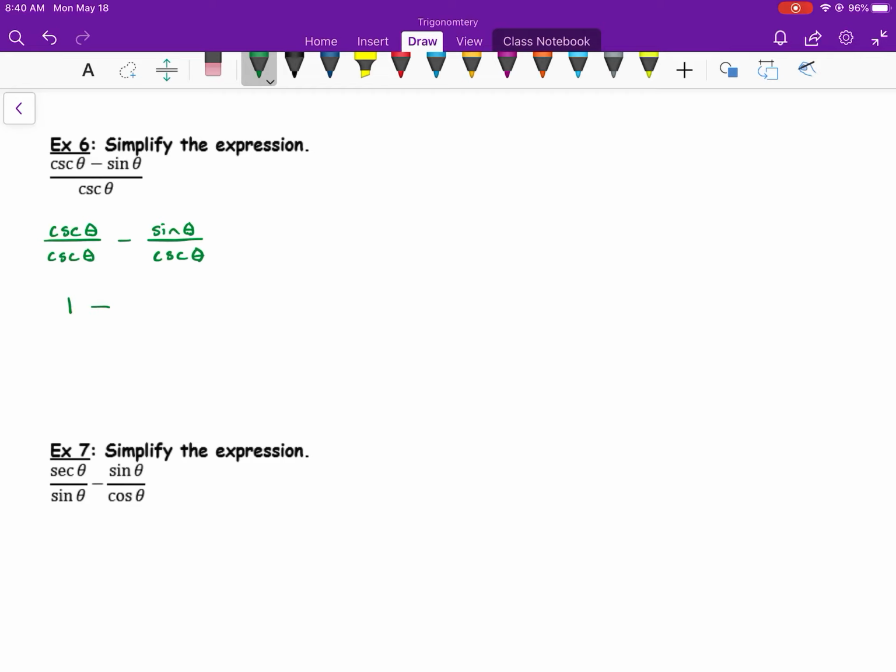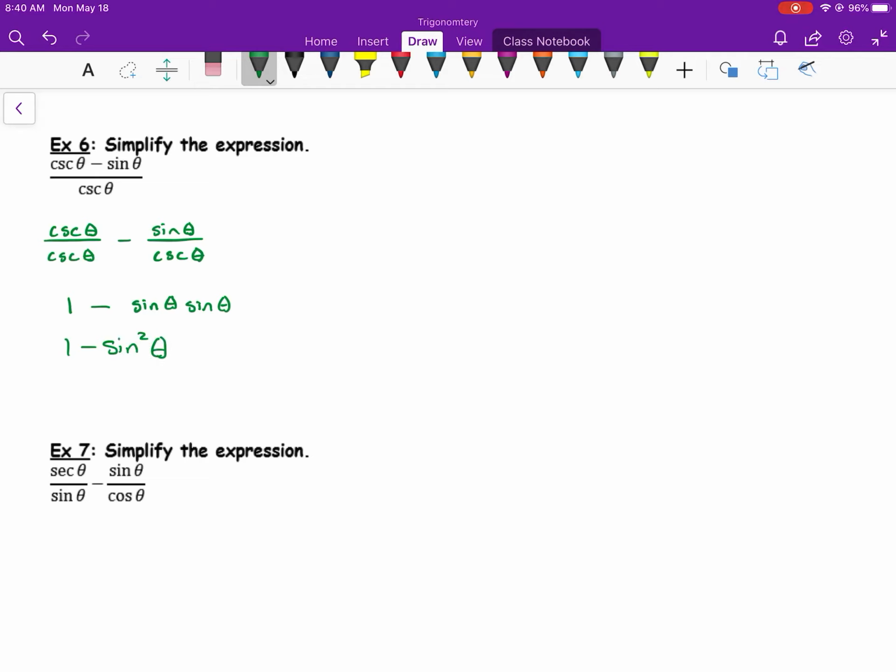Cosecant over cosecant is 1. Minus sine of theta. Remember, cosecant is the reciprocal of sine, so I'm going to flip that over and I get sine of theta. So I get 1 minus sine squared theta, because that's multiplication.